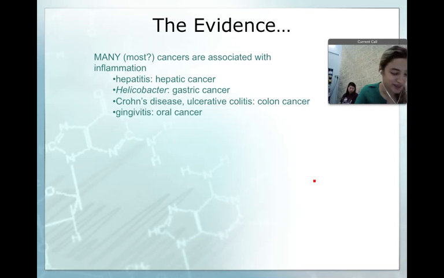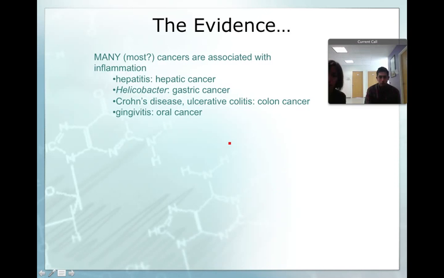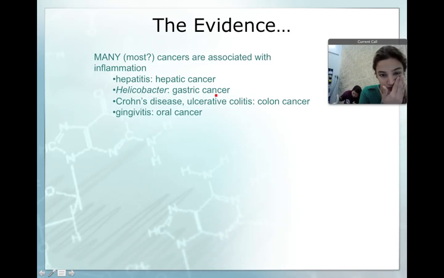Okay, so a lot of cancers are associated with inflammation, and we've talked about a lot of these: hepatitis, Helicobacter, the bacteria that's associated with stomach cancer, Crohn's disease and ulcerative colitis with colon cancer, gingivitis with oral cancers.